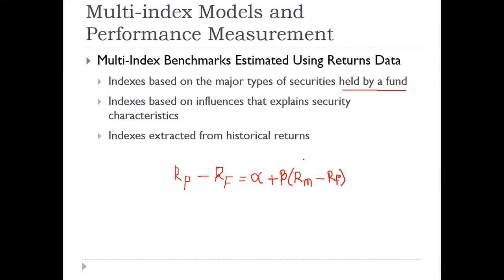Theoretically, it represents the systematic risk. If all other things remaining same, if beta goes up by 1 unit, can you expect that it will directly influence the excess return of the portfolio?